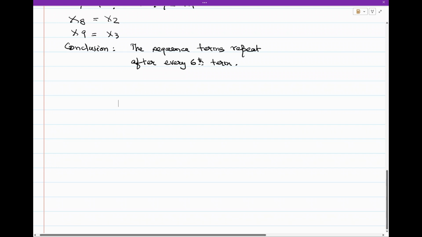We are required to find out x2024 minus x626.